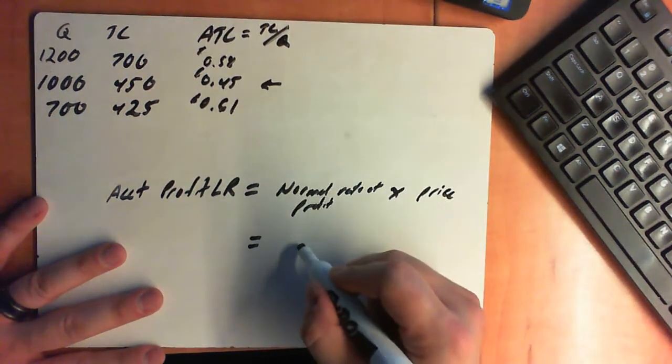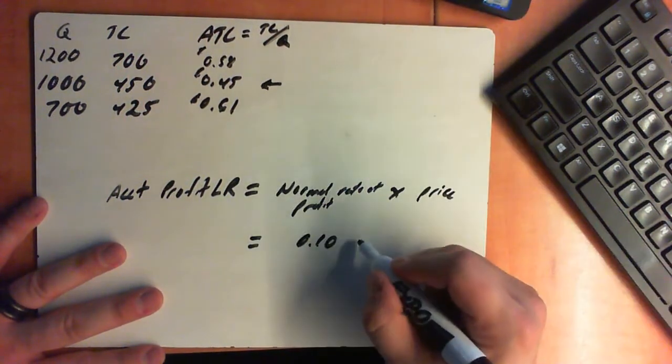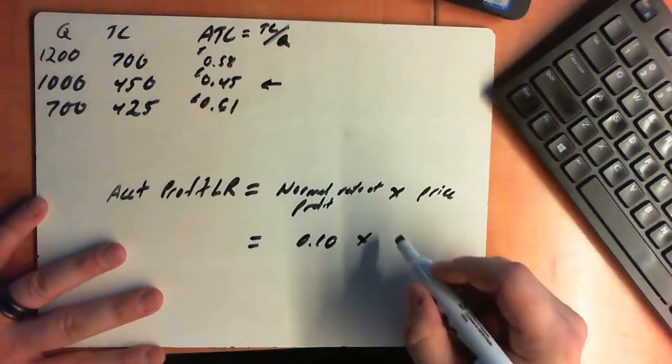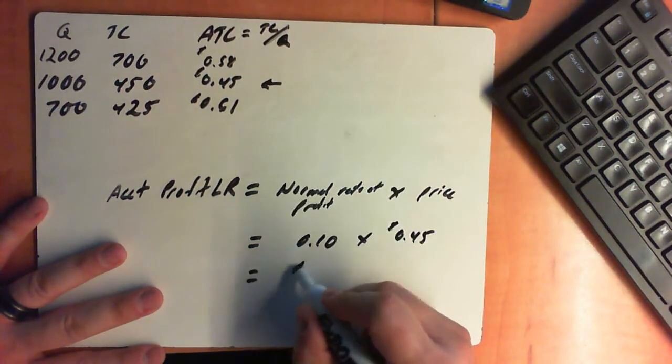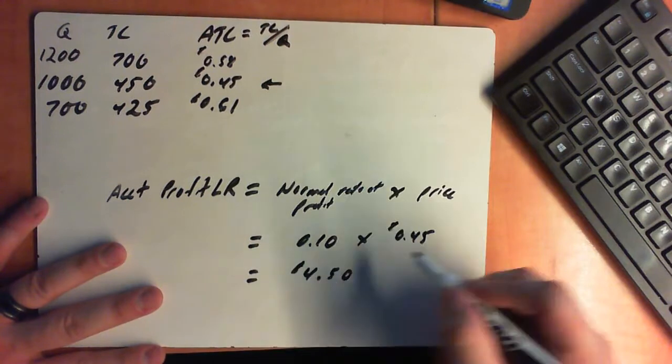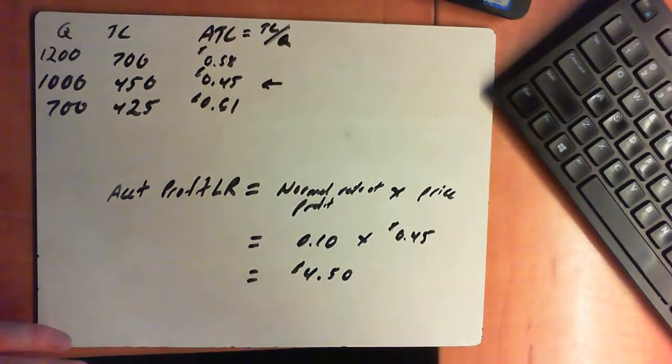So in this case, the rate of profit is 0.10 or 10%, and the price here is 45 cents. So we get $4.50. That would be their accounting profit per unit.